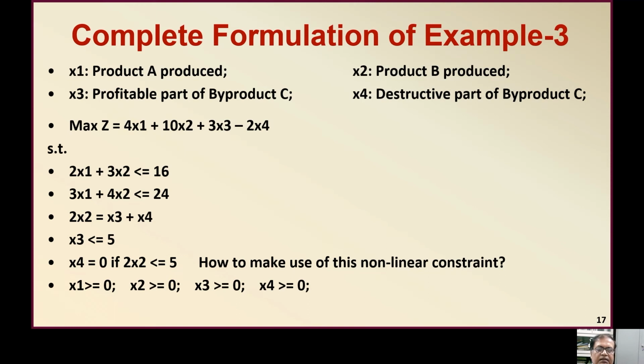So 20 plus 9, 29, minus 2 into 1, 2. So that is 27.